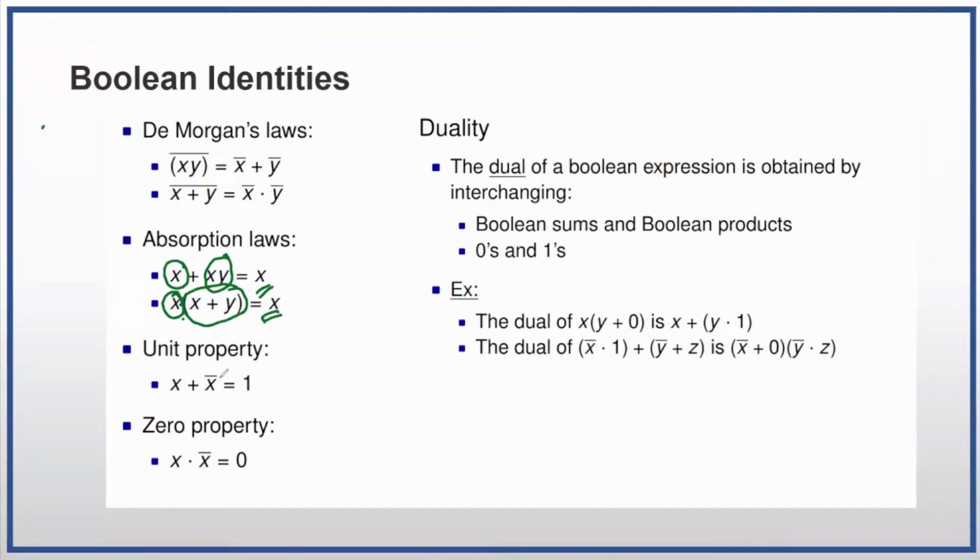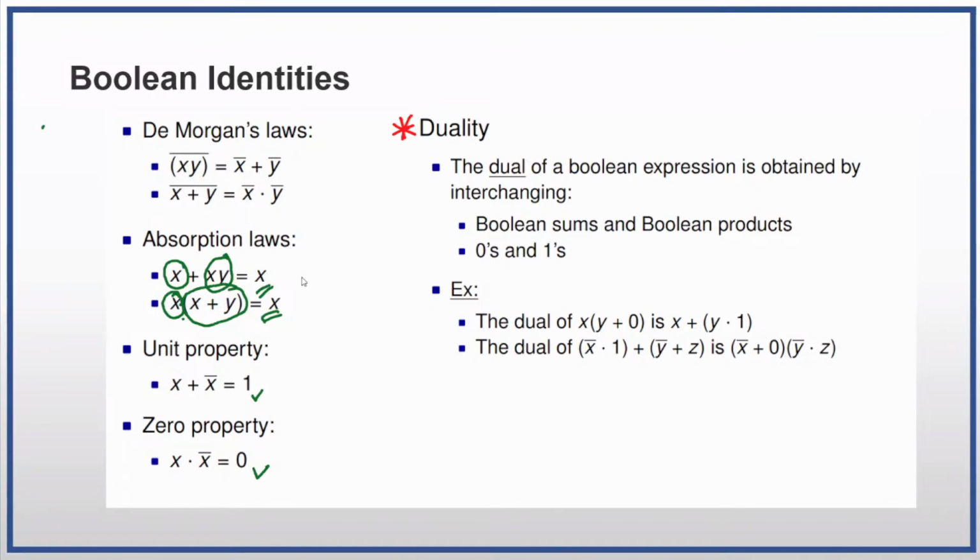So these two are the unit property and the zero property. The unit property is that the addition of an input and its complement is always 1, and the product of any input and its complement is always 0. So actually these are all Boolean identities, and duality is somewhat different.